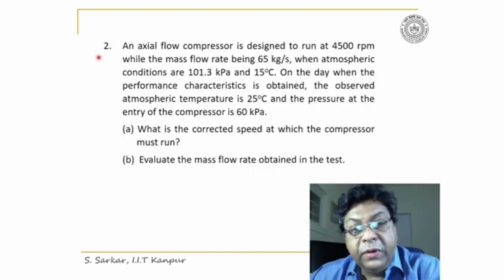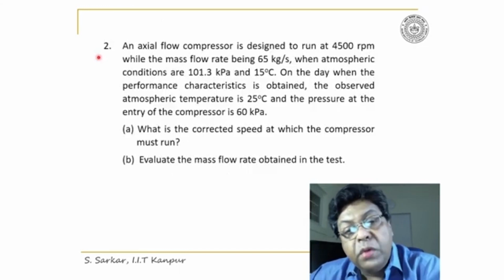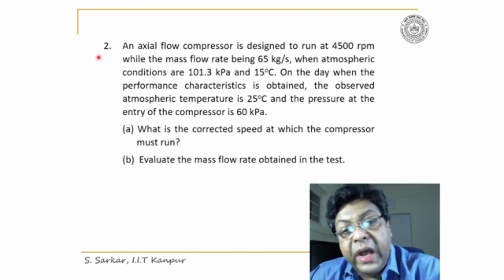The second problem was: an axial flow compressor is designed to run at 4,500 rpm while the mass flow rate is 65 kg per second when the atmospheric conditions are 101.3 kilopascal and 15 degrees Celsius.